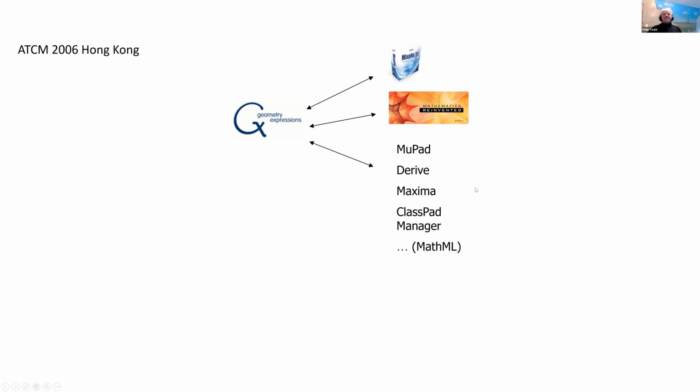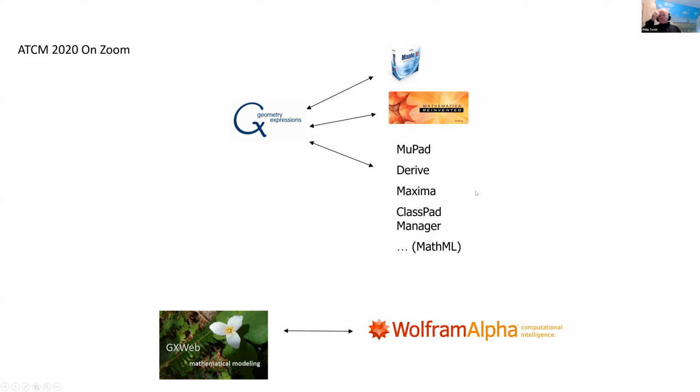What I'm going to talk about today is a development from Geometry Expressions, relatively new, GXWeb, which is a free browser-based version of Geometry Expressions. But we have the same philosophy of working hand in glove with a computer algebra system, and I'll be showing us working with another free browser-based piece of software, WolframAlpha.